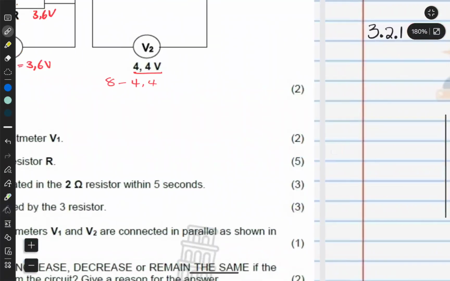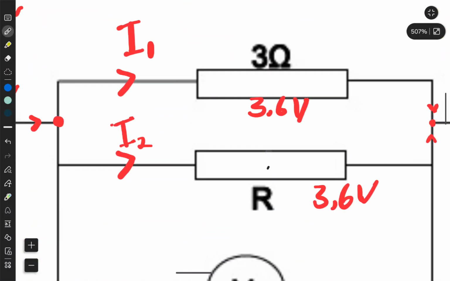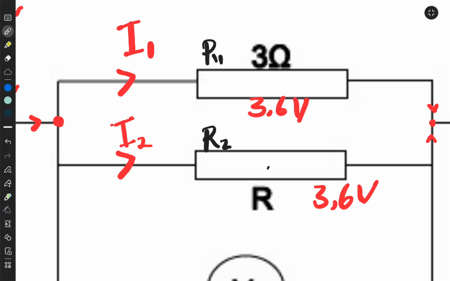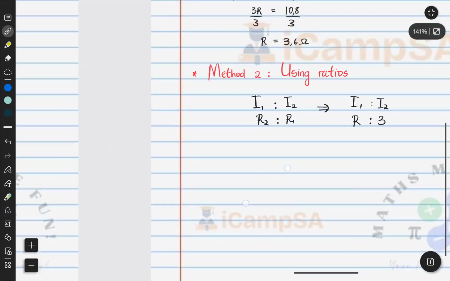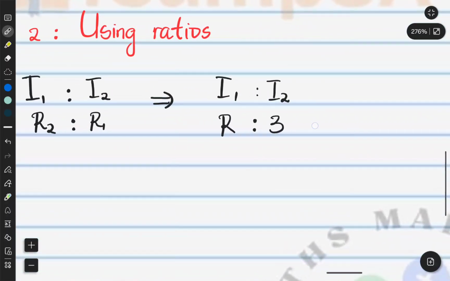So remember, come here again. This is R1, which corresponds to I1, right? And this is R2, corresponding to I2, okay? R1, R2, that's it. So the ratio method says we can do it like that. You flip these things.